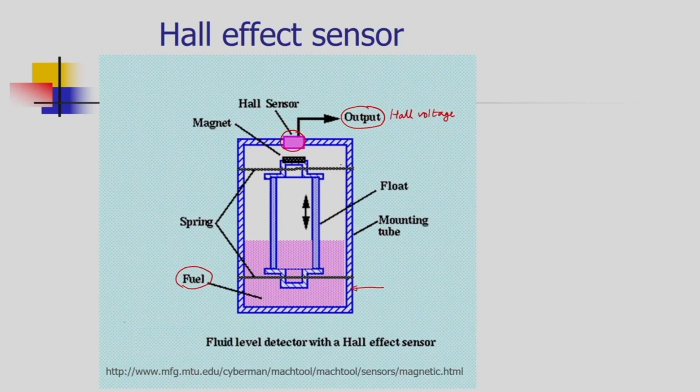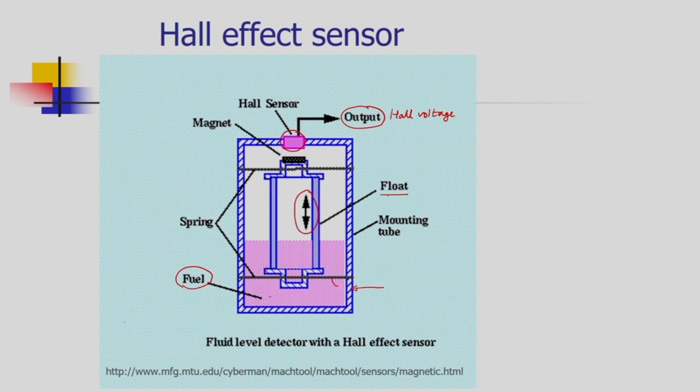Inside the container we have two springs and these two springs are holding a float. On top of the float a magnet is attached, and as the fuel level inside the container changes, the float also changes its position.